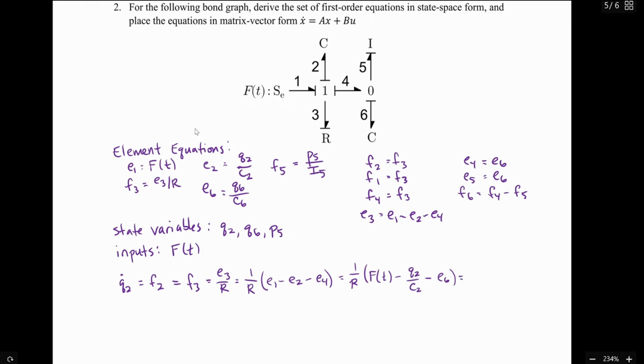So we're not quite done yet. We need to expand for E6. And so we're going to find F of t minus Q2 over C2 minus Q6 over C6, all times 1 over R. So I'll just rewrite this by multiplying through by our 1 over R. Now we can move on to our second state equation for Q6.